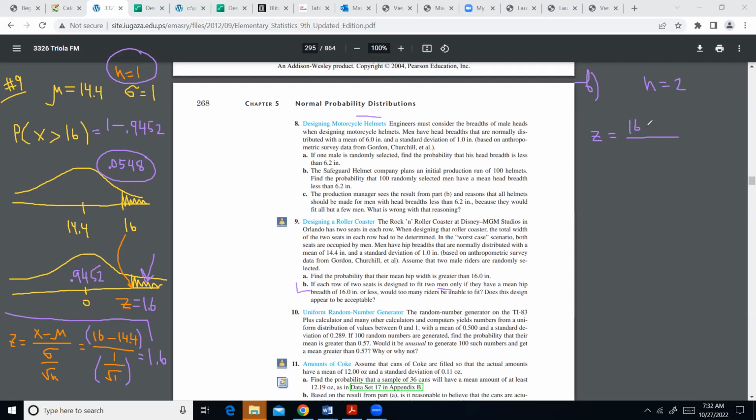So I put 16 minus 14.4, and this is divided by 1 over, and now we have a new number, 2.